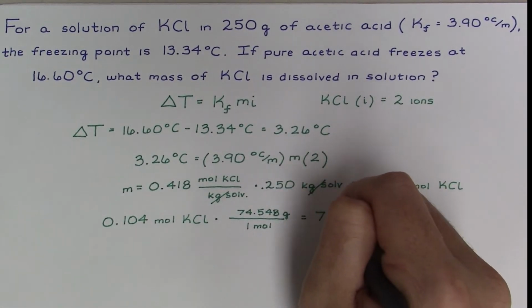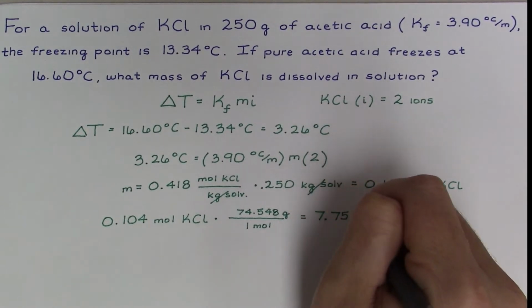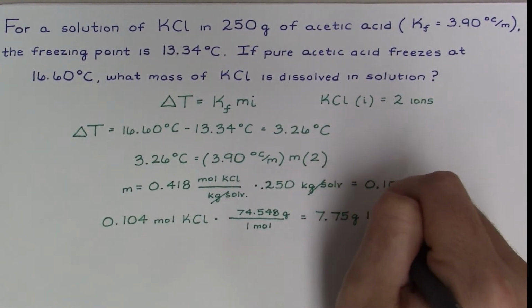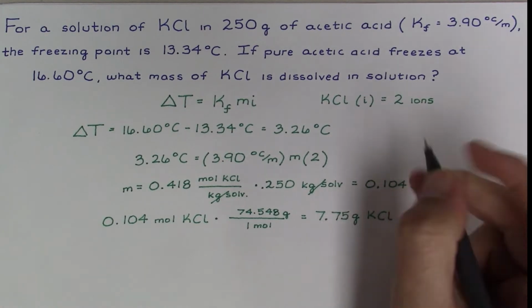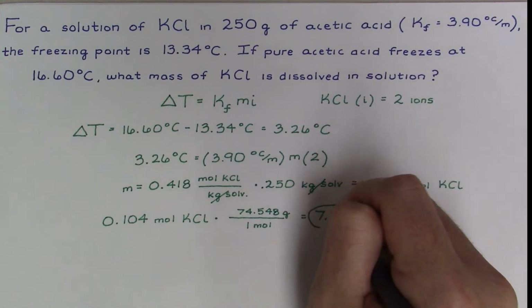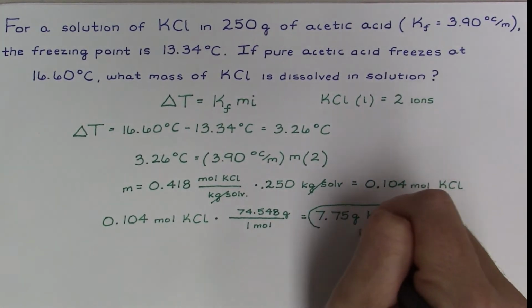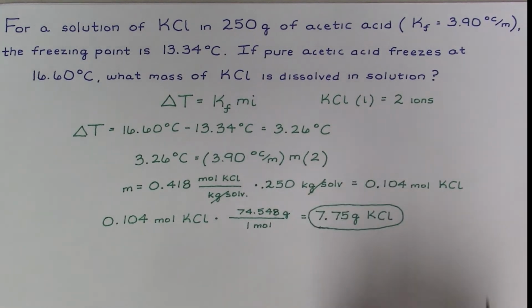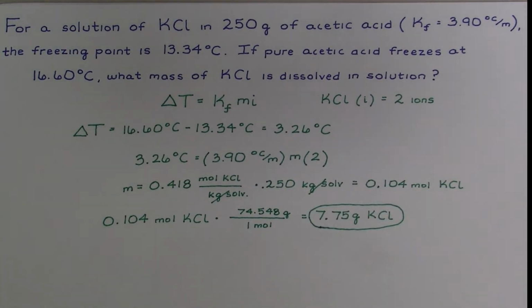You put this into the calculator, you will receive an answer of 7.75 grams of potassium chloride. So if I had 7.75 grams of potassium chloride and I put it in 250 grams of acetic acid, we would get a freezing point depressed down to 13.34.